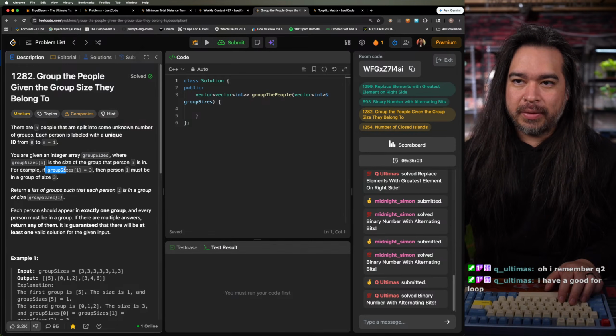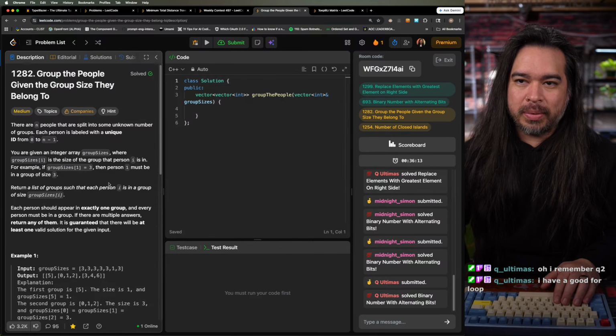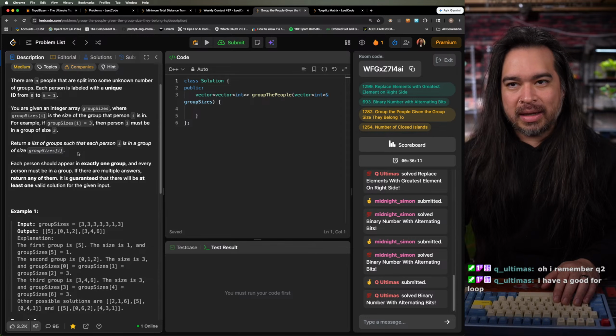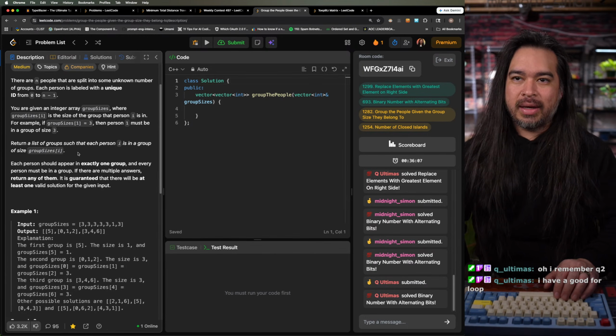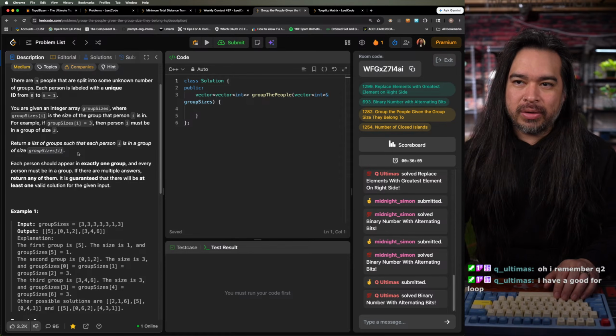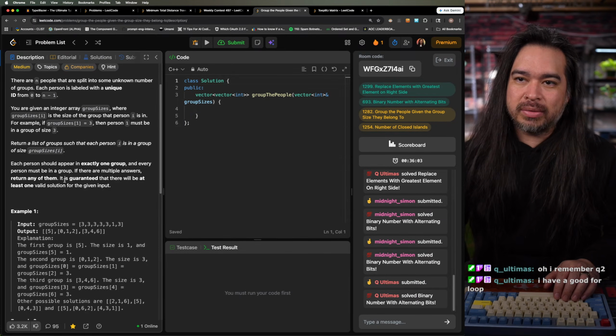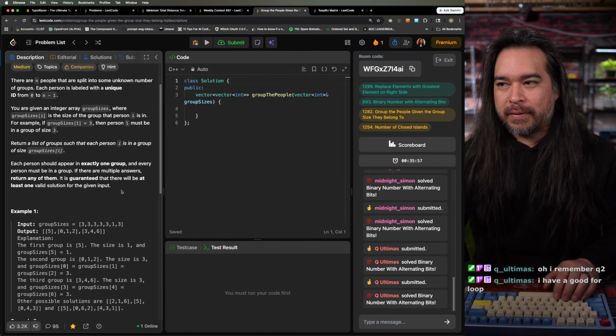For example, if group sizes[1] equals 3, then person 1 must be in a group of size 3. Return a list of groups such that each person i is in a group of size group sizes[i]. Each person should appear in exactly one group, and every person must be in a group. If there are multiple answers, return any of them. It is guaranteed that there will be at least one valid solution for the given input.